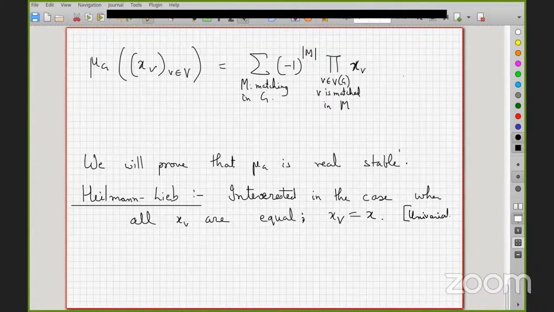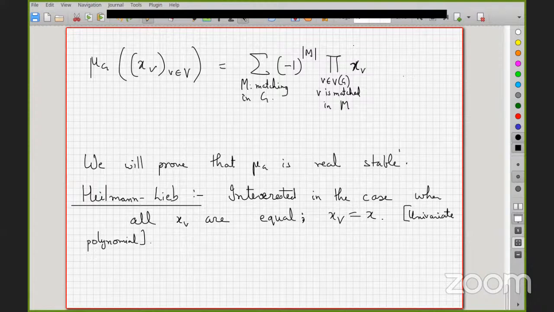But then they did a lot. In this formulation, they showed that the roots lie on the negative axis.